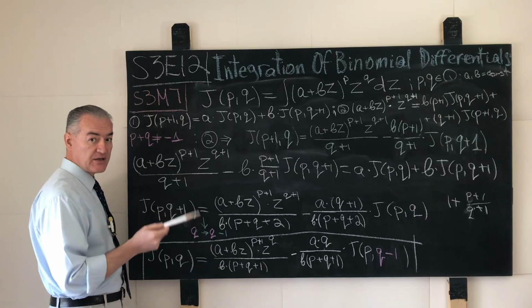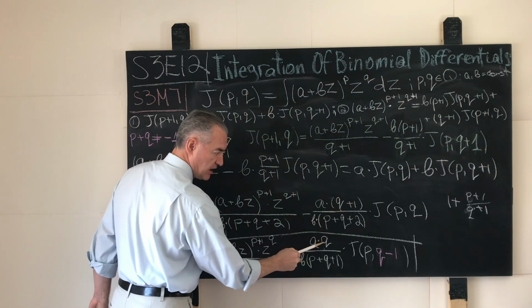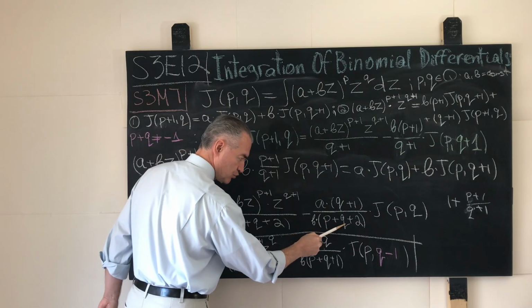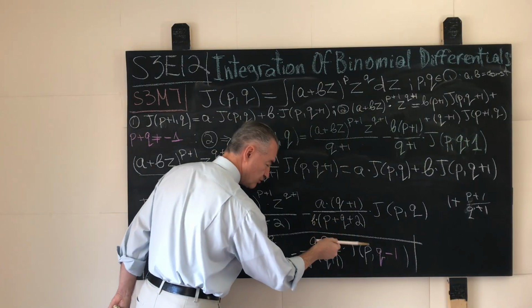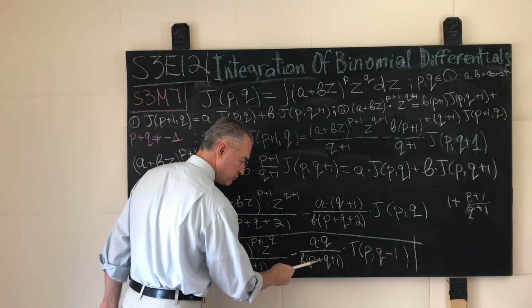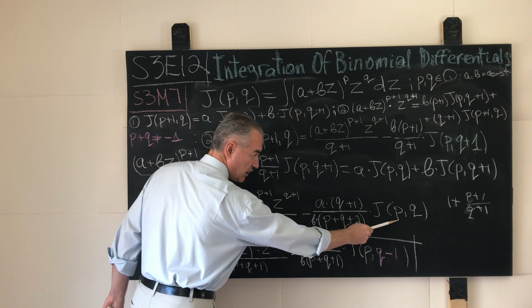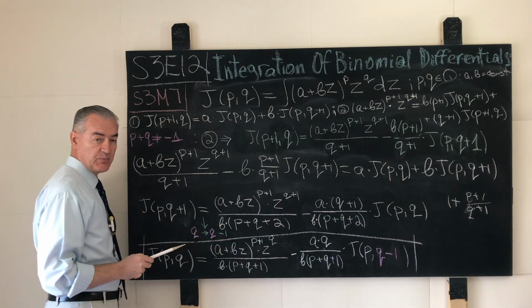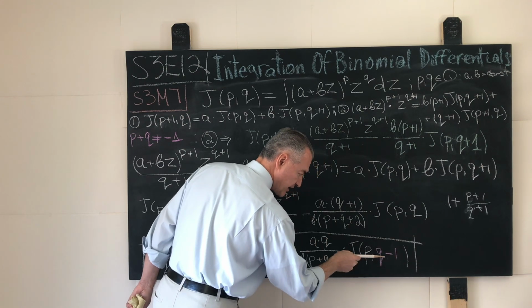Q becomes Q minus 1, Q minus 1 plus 1 becomes Q. And in the denominator here, the same thing unfolds. P remains the same, Q becomes Q minus 1, minus 1 bumps into plus 2, plus 1 comes out, P plus Q plus 1 times what this time? Our integral J of P and Q becomes the integral J of P and Q minus 1. This is how we iterate things down.